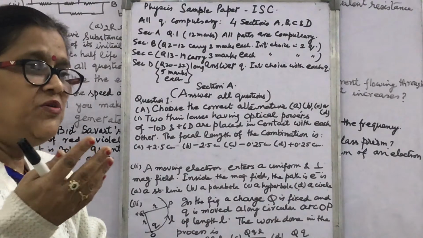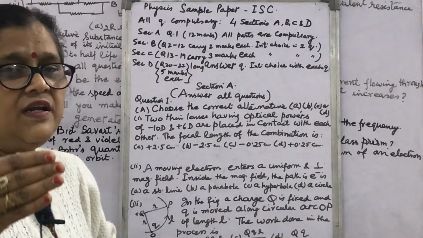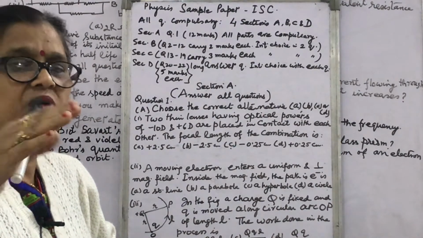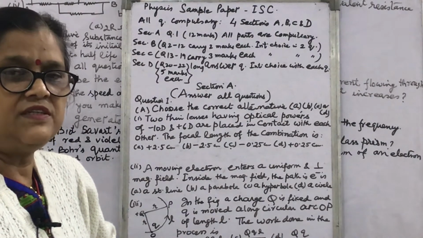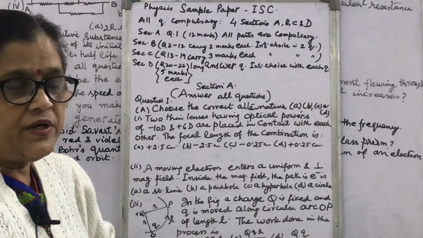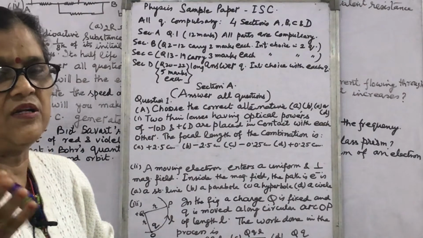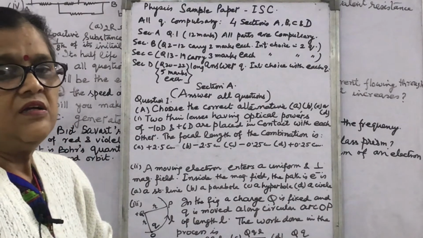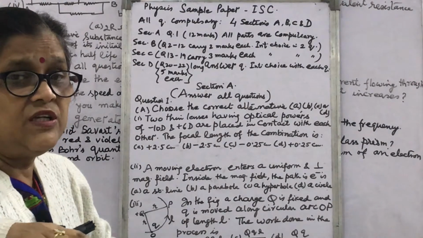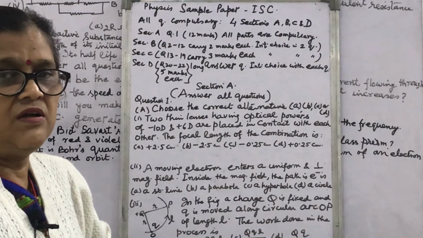The unit-wise marks distribution: electrostatics and current electricity together carry 14 marks, as usual, like previous years. Total magnetism, that is magnetic effect of current, magnetism and matter, earth magnetism, electromagnetic induction and AC circuits, and even EM waves, is a total of 16 marks.